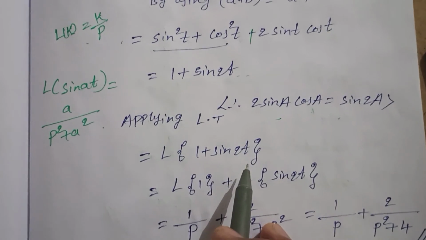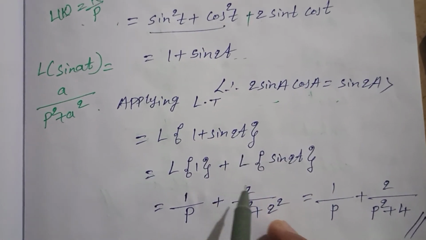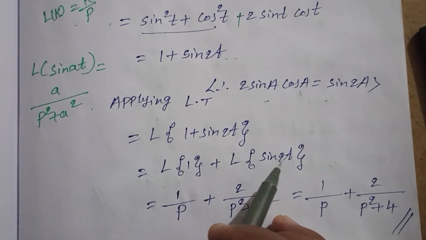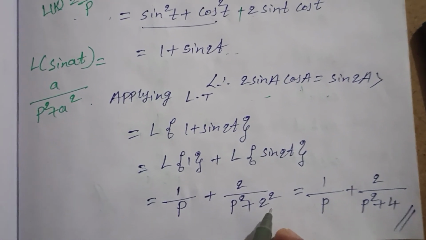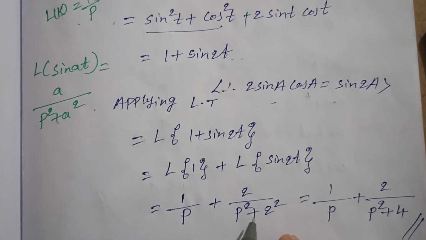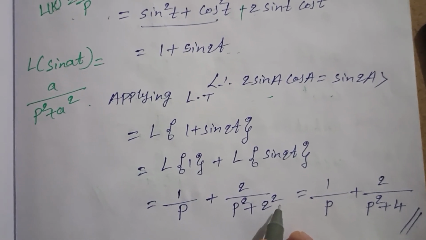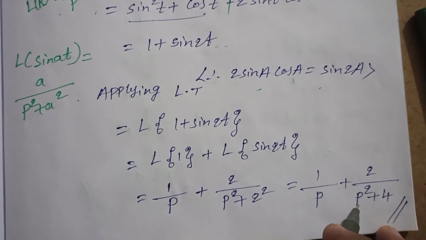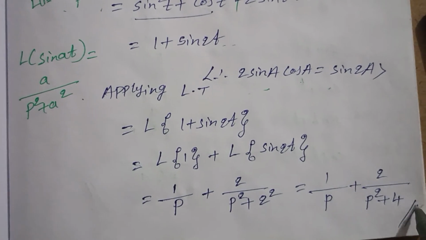In place of a here we have 2. So 2 by p square plus 2 square. So 1 by p plus 2 by p square plus 4. That's all. This is the required solution.